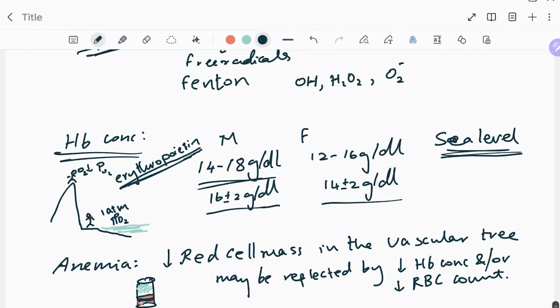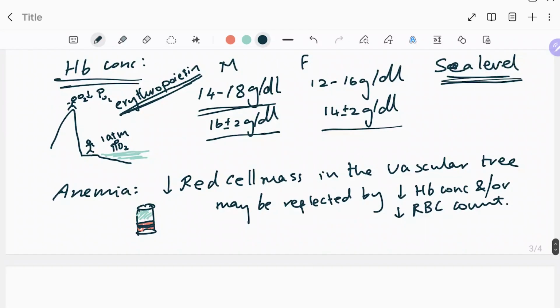Mostly men who have less than 13.5 grams per deciliter of hemoglobin are said to be anemic. And for women, you can reduce the number just a little more.